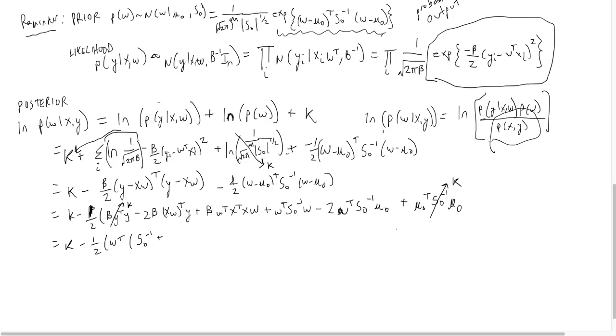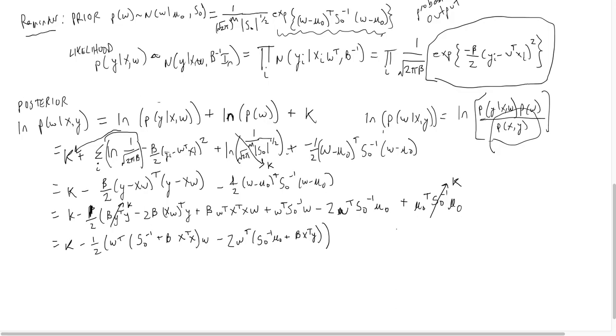S0 inverse plus beta X transpose X, close parentheses, times w minus 2w transpose S0 inverse mu 0 (if I say S0 or S naught, it's because I can't make up my mind) plus beta X transpose y. And that's all inside the parentheses being multiplied by 1/2.